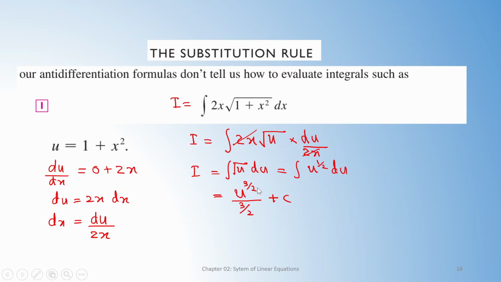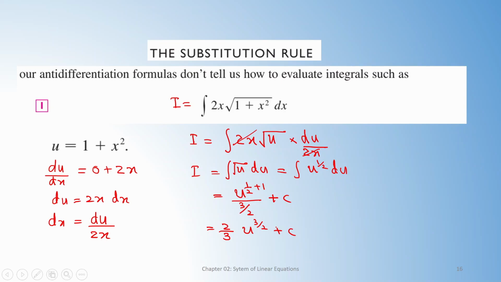Then you can write it a better way: half plus 1 is 3 over 2, divided by 3 over 2. Then you have 2 over 3 u to the power 3 over 2 plus c.